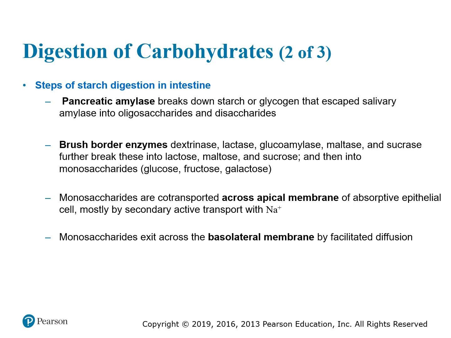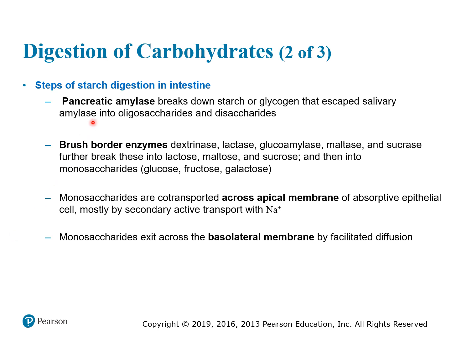Then when the food enters the small intestine, the pH of the food again becomes alkaline because of the addition of the pancreatic juices. In the pancreas there is also an enzyme known as pancreatic amylase. So amylase is for carbohydrates. Pancreatic amylase breaks down the starch or glycogen that has escaped the salivary amylase into oligosaccharides and disaccharides.